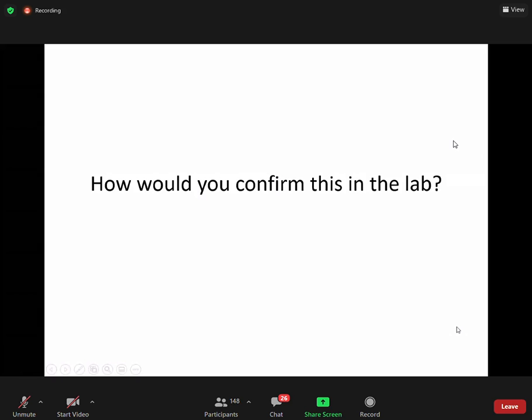Okay, now why do we use bacitracin to differentiate group A from other groups? Why do we do that? What is the reason for differentiating Streptococcus pyogenes from others, or differentiating group A from others?